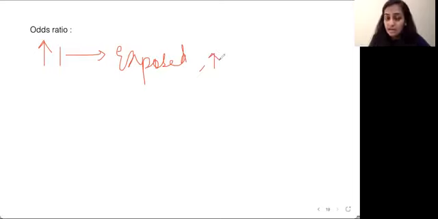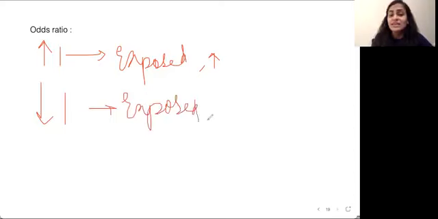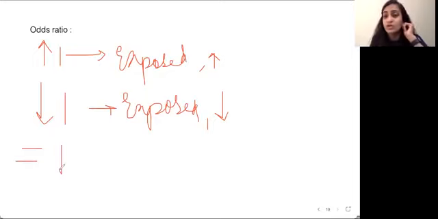If your odds ratio is less than 1, even though you've been exposed, there is a decreased risk of you contracting the condition. And if your odds ratio is equal to 1, it does not tell you the risk of contracting the disease, whether you will or will not contract it.